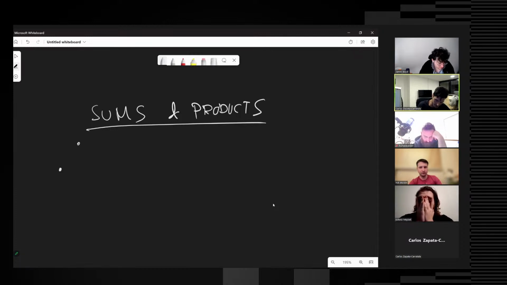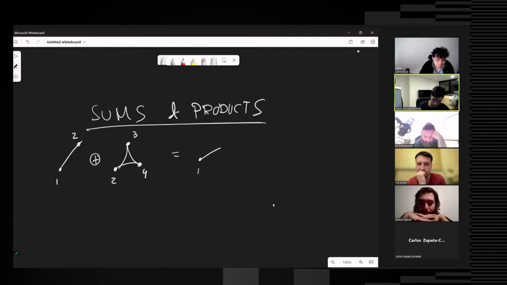We've seen it a few times, but just for the benefit of viewers, remember, if you have two hypergraphs, something like this, maybe one here, maybe one here, and if this is labeled like that, then if you sum these two, this just becomes 1, 2, and then this 3 and 4, right? So you basically just put things together.